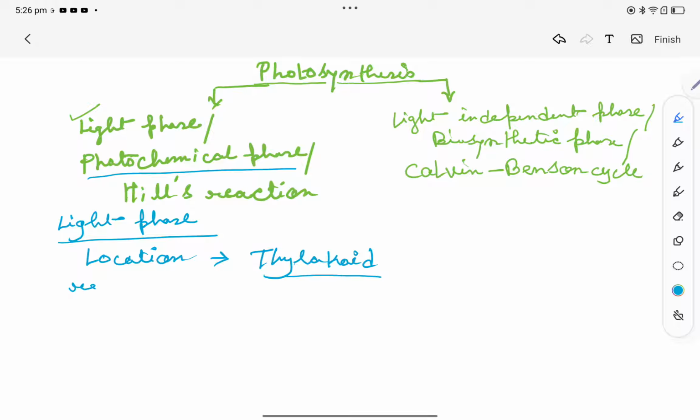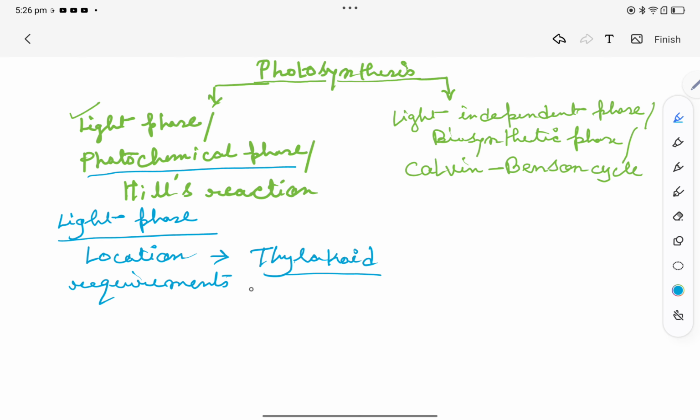And what are the requirements? What do we need for this phase? We need water, we need chlorophyll, and obviously we need sunlight.